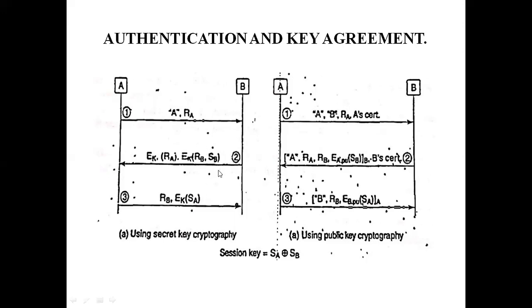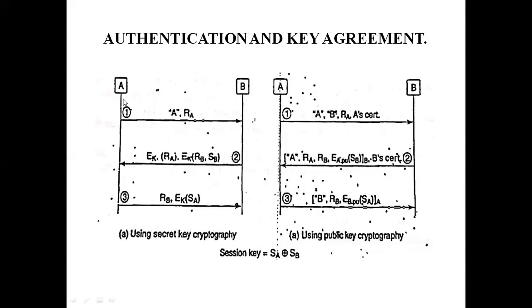SA and SB are the secret keys generated by A and B respectively. They are freshly chosen random numbers that are encrypted and sent so they cannot be eavesdropped upon. Messages 2 and 3 are encrypted by a shared secret K, or in the public key version, using the recipient's public key.